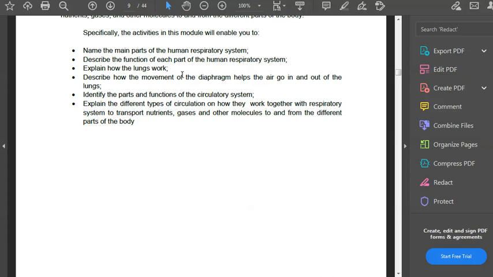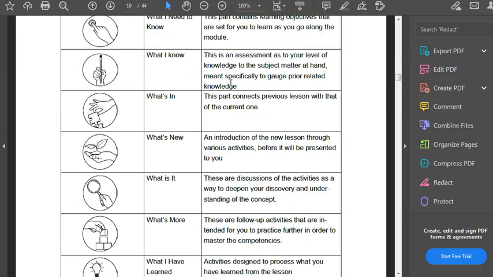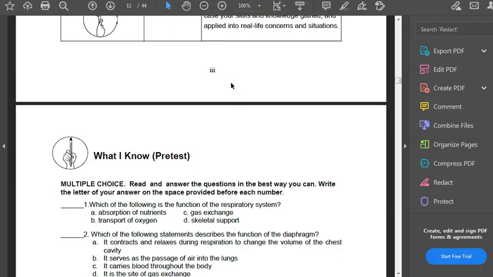Explain how the lungs work. Describe how the movement of the diaphragm helps the air go in and out of the lungs. This is what we'll do this morning, the first four. You have to read this part as well, so you'll know what the other parts of this module are.